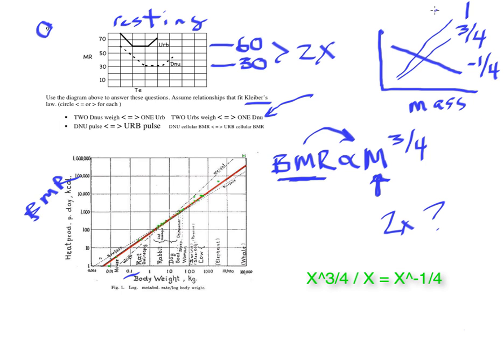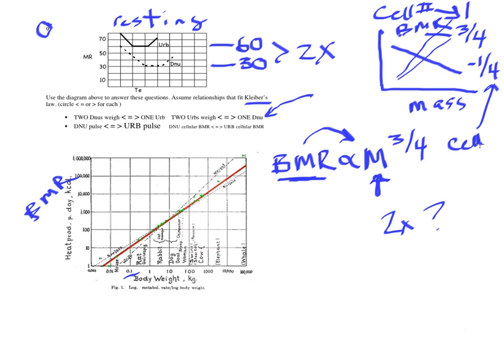So that's cell number. That's organismal BMR. And that's either the mass-specific or the cellular BMR. That means bigger animals have cells that burn less fuel. So any one cell from a larger animal will burn less fuel than a cell from a smaller animal.